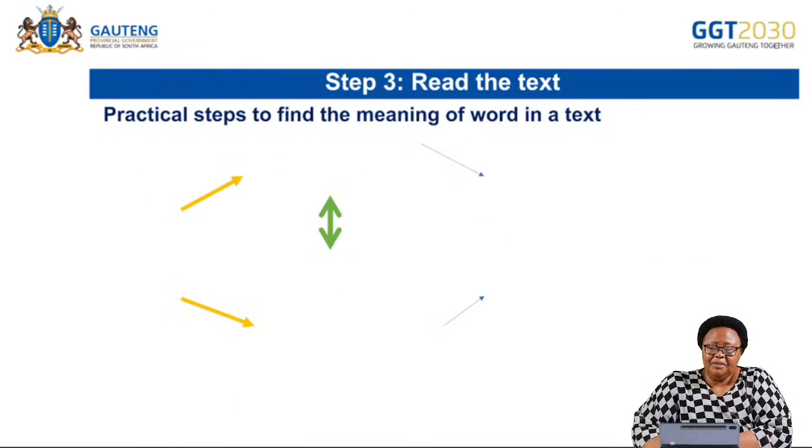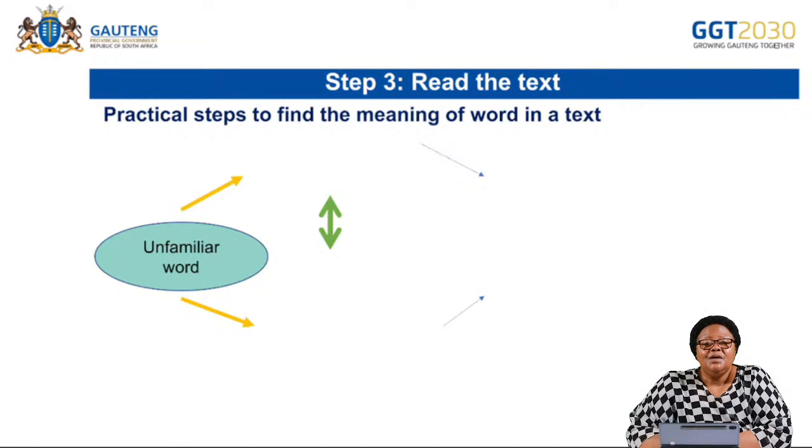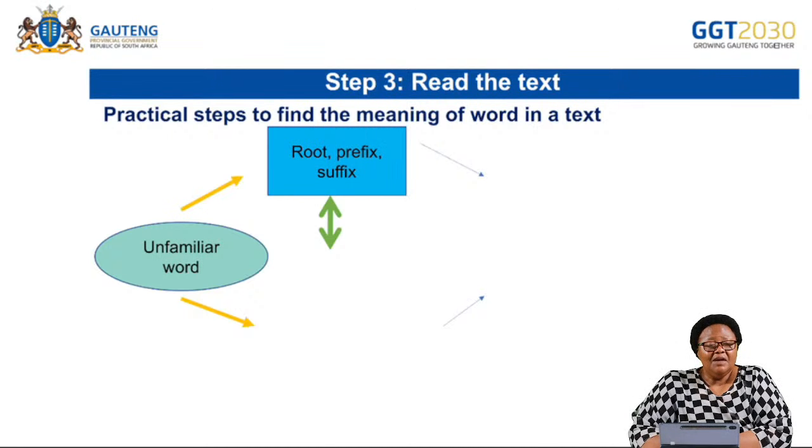We're still on step 3. Practical steps to find the meaning of the word. Circle your unfamiliar word. You are going to get unfamiliar words in your passage. And then you have to determine whether this is a root word or it has a prefix or a suffix. What part of speech is that word?